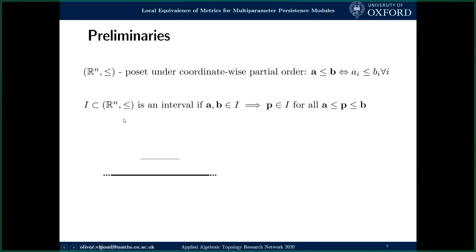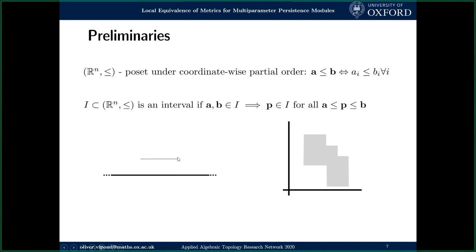So we say a subset of the real line is an interval if, given any two elements of that interval, everything sandwiched in between those two elements is also contained in that interval. Now, if we use this same definition for the partially ordered set R^n, we give rise to weird-looking subsets of R^n, and these are known as intervals, and you can immediately see how these intervals are more complicated than the single parameter cousins.